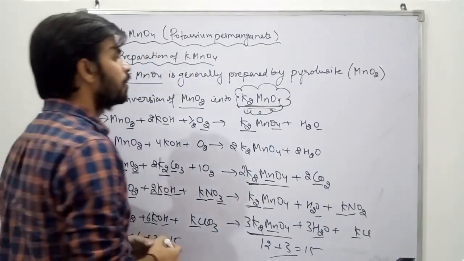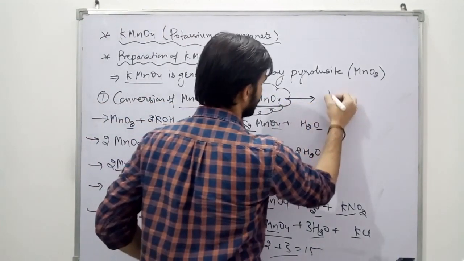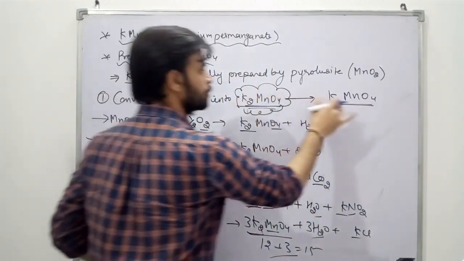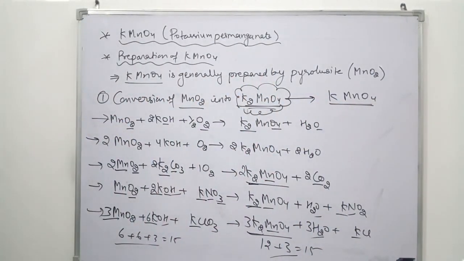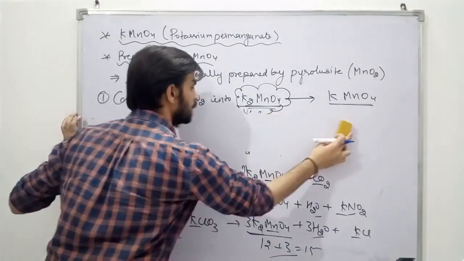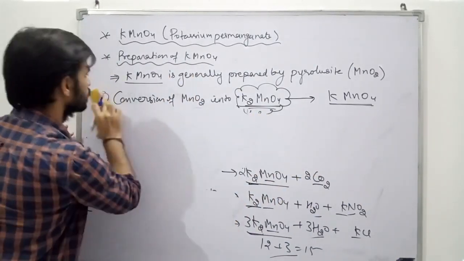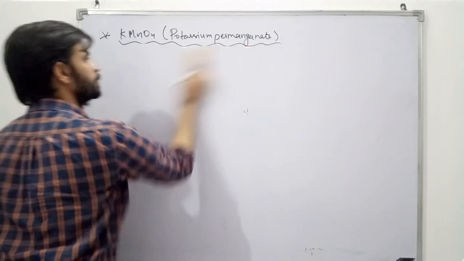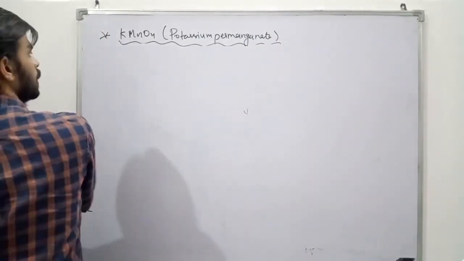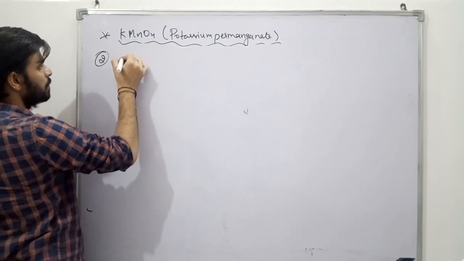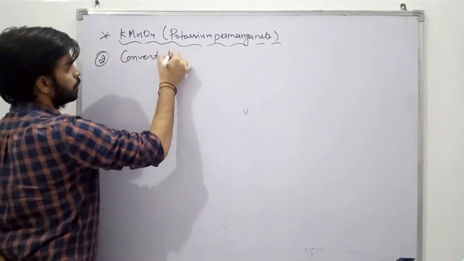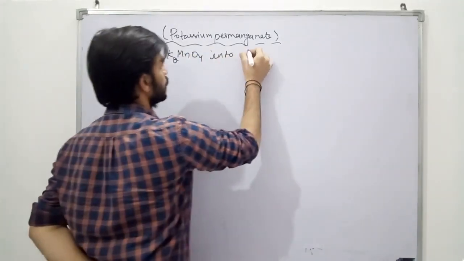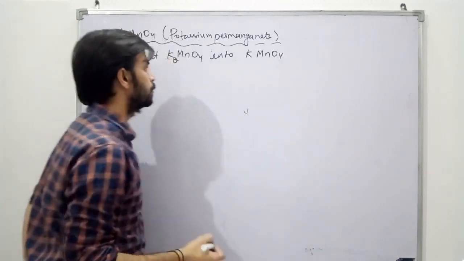Now in the second step, we have to convert potassium manganate into potassium permanganate, that is KMnO4.